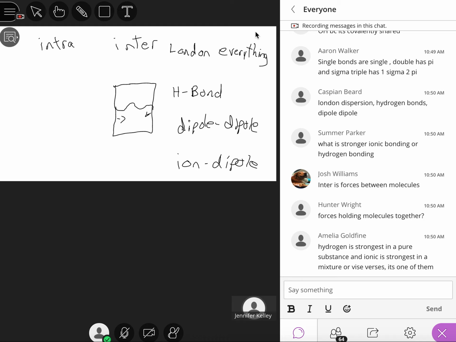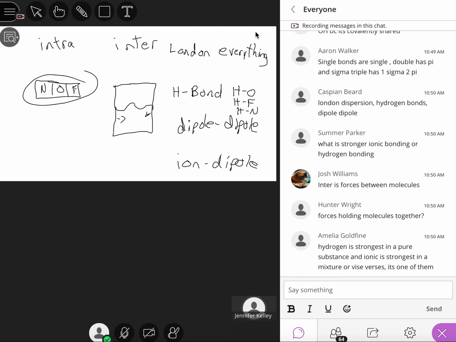You have to have in one of the molecules either a hydrogen connected to an oxygen, hydrogen to fluorine, or hydrogen to nitrogen. And if you look at the periodic table, you'll notice those three are right next to each other. So there's fluorine in group 7, oxygen in group 6, and nitrogen in group 5. If you take that, it says NOF, but if you flip it, it says phone. I'm not sure if that will help you remember it or not, but anyway. So that's hydrogen bonding.